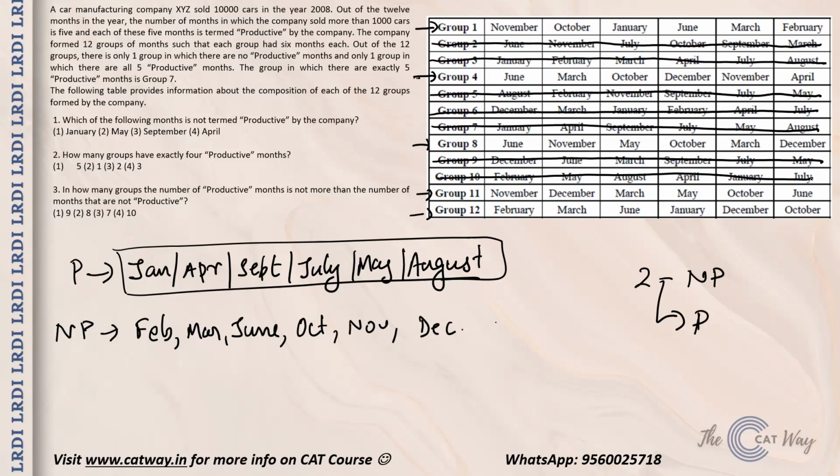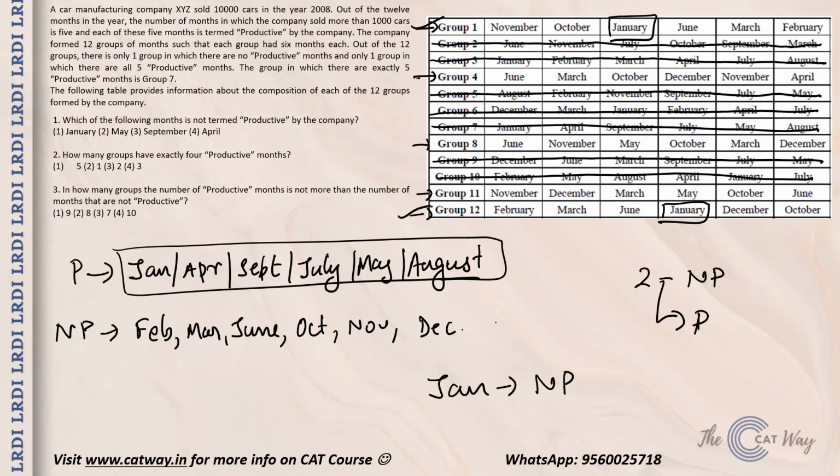All right. Now, if you talk about group 1 and 12, they have January in common. So let's say January was the non-productive month. If January was the non-productive month, then we will have two groups, group 1 and group 12, and both of them will be entirely non-productive, which is not possible.